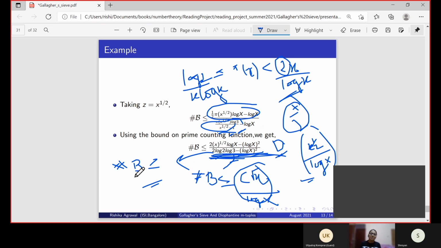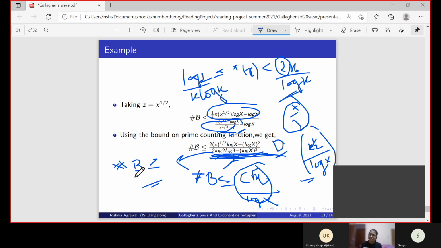But broadly speaking, there are very few places where we can really use Gallagher's sieve. The reason lies in the fact that the Gallagher sieve loses a lot of information. You have to have B mod T for every prime. If you don't have that, then your bound would be very, very bad. And the information should be good enough to have a good bound.